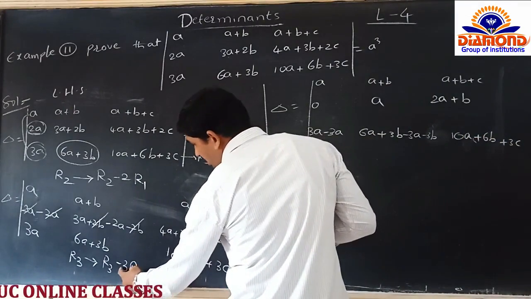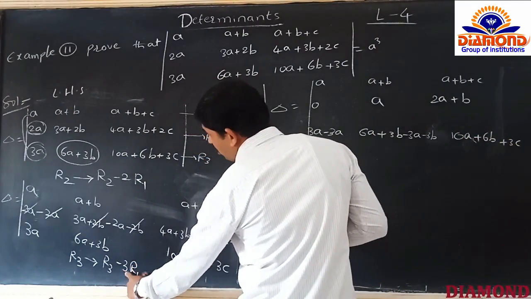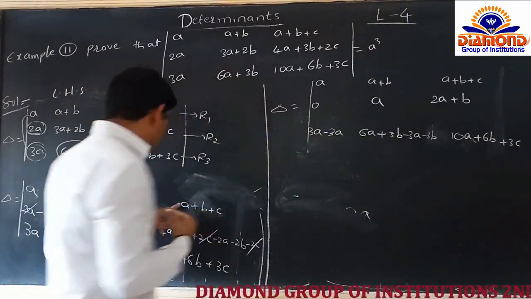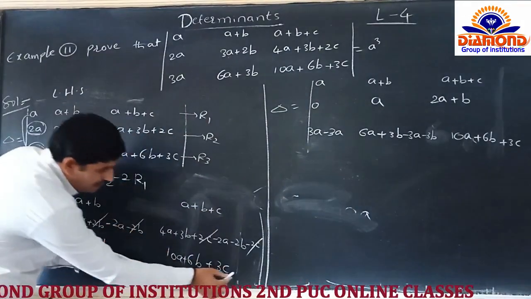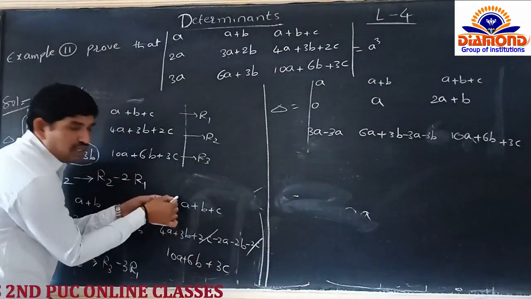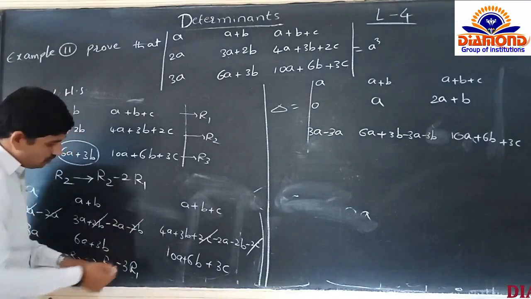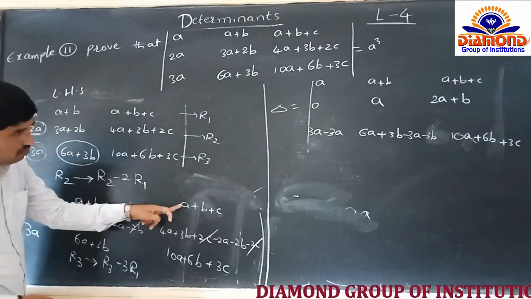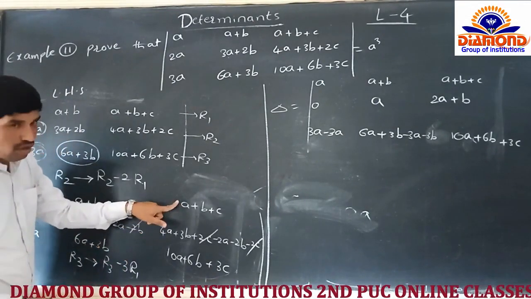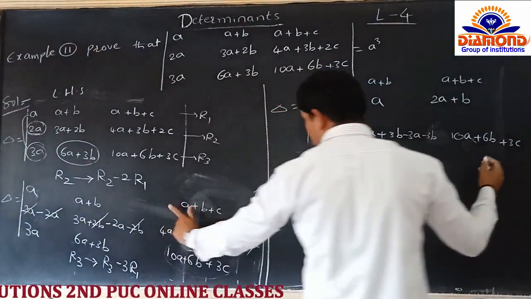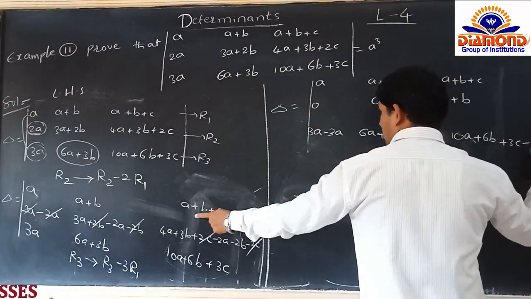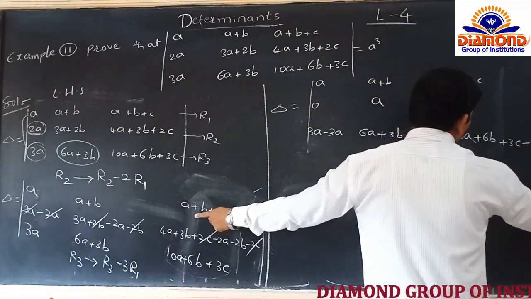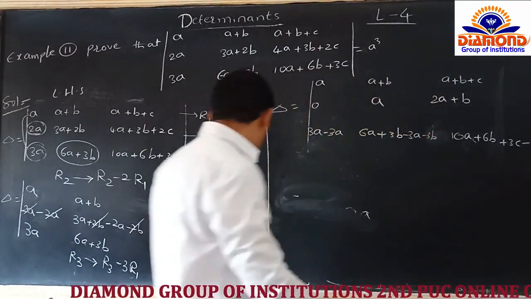After writing this, minus 3 into R1. Corresponding to this, observe which element it has. Multiply with 3 for R1, again with minus also. So that is minus 3a minus 3b minus 3c. Completed now?